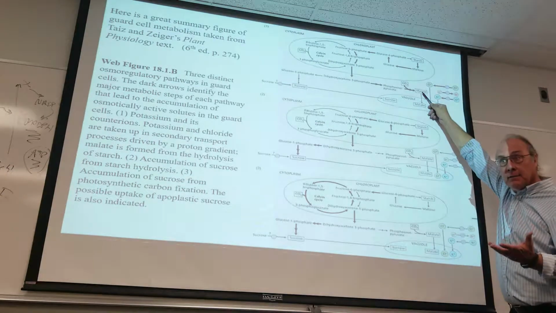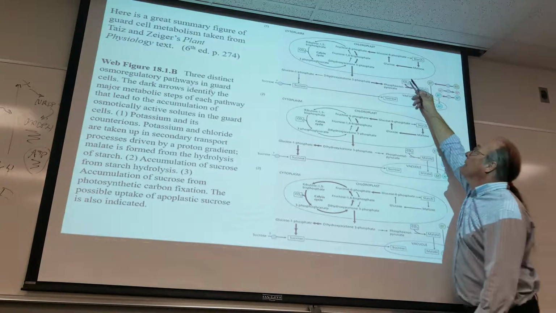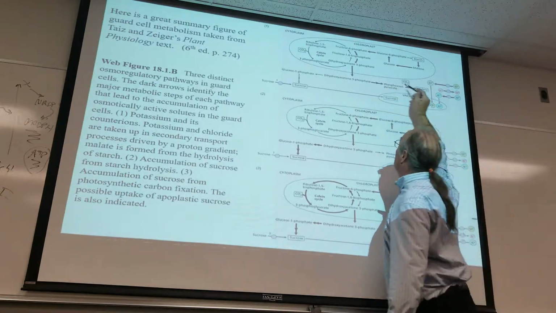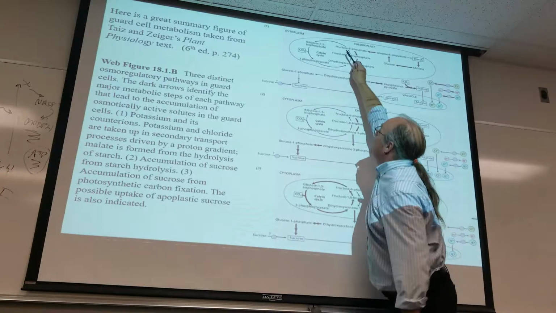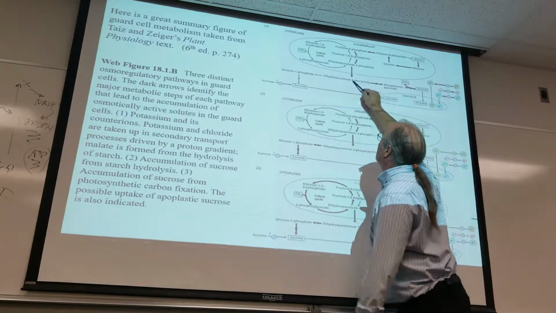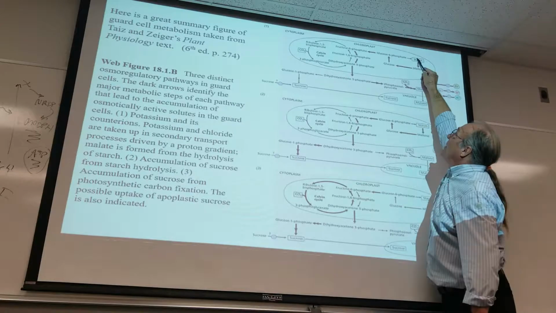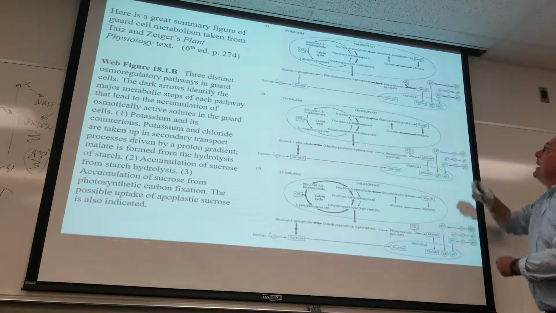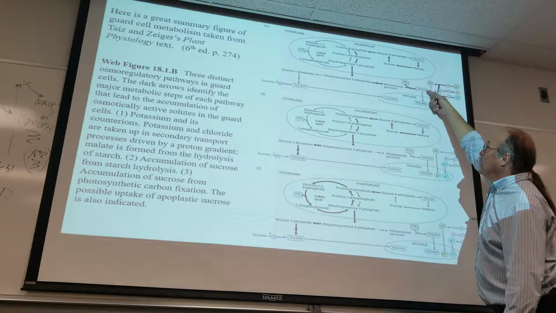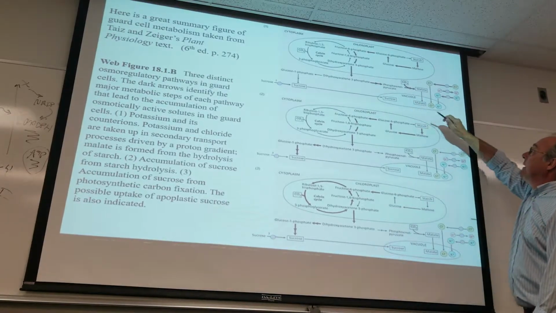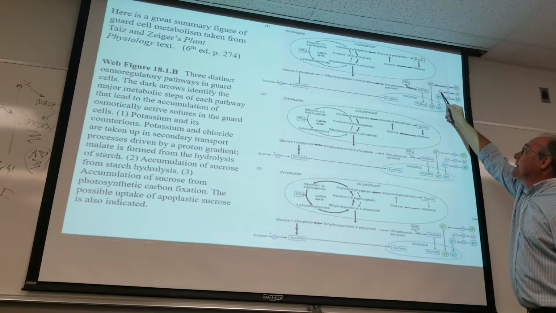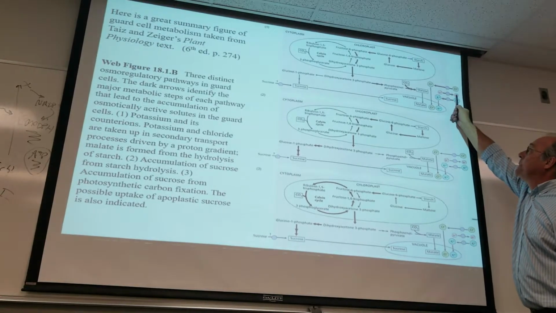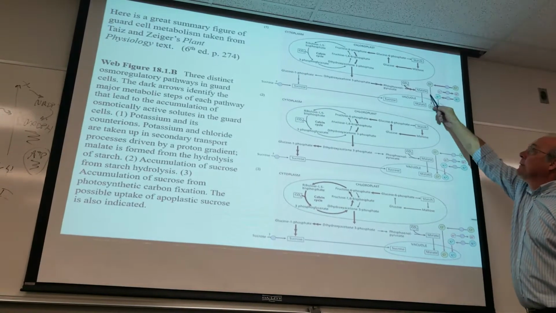And that concentration changes a lot. So the carbon in this malate can come from current photosynthesis via the Calvin cycle, or from degradation of starch in the same way. And the malate regulates the cell pH, which is changing because the cell is pumping protons out and potassium chloride are coming in.